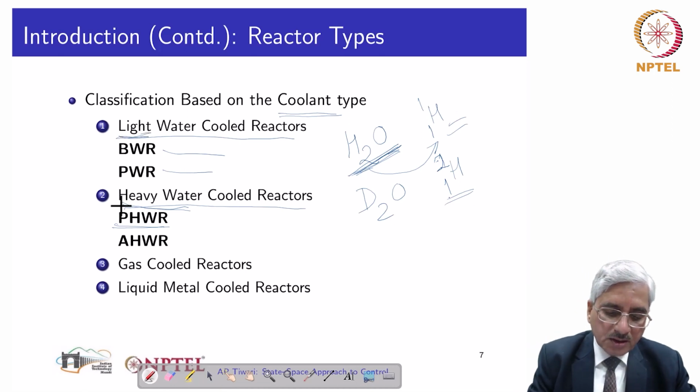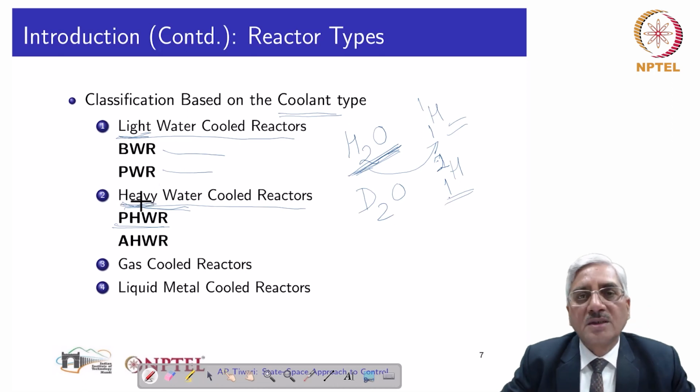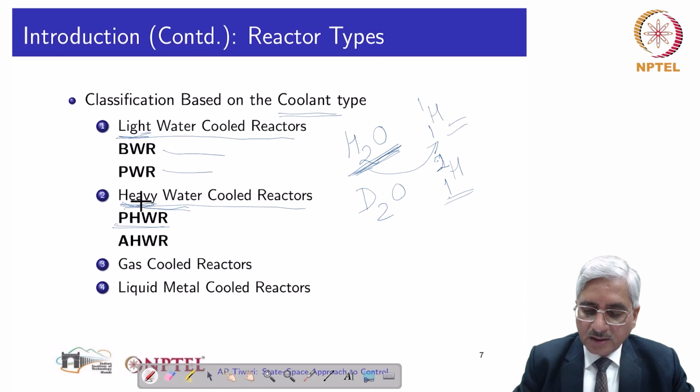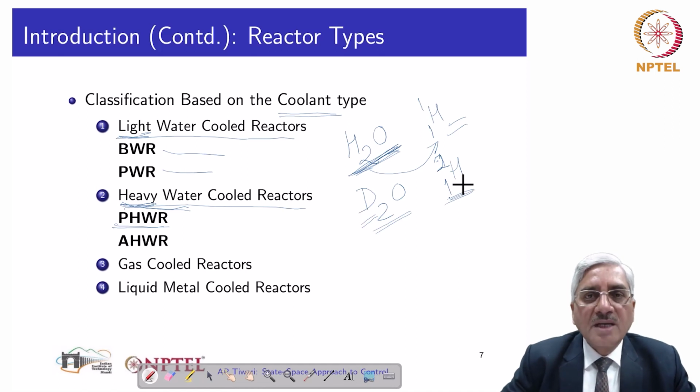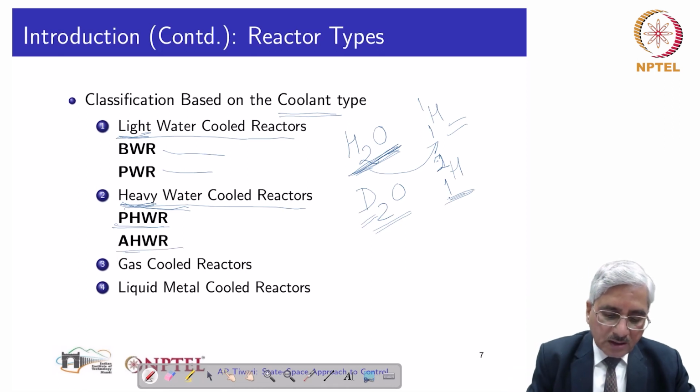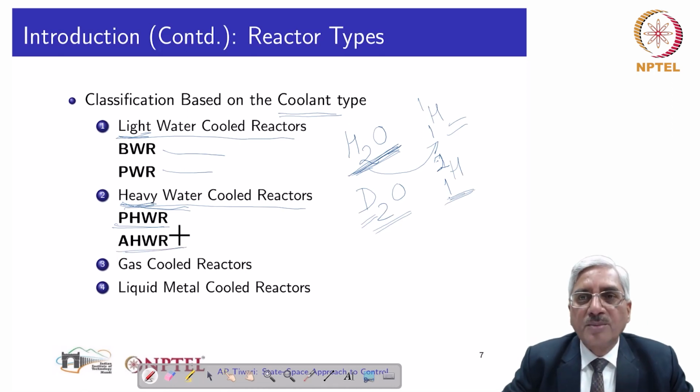So these terminologies, light water and heavy water, are used in the nuclear area, and we understand that both are water. However, one contains deuterium, which is denoted by D, but it is 1H2 chemically. So we have pressurized heavy water reactors in India, and AHWR is at design stage. It may come sometime in future.